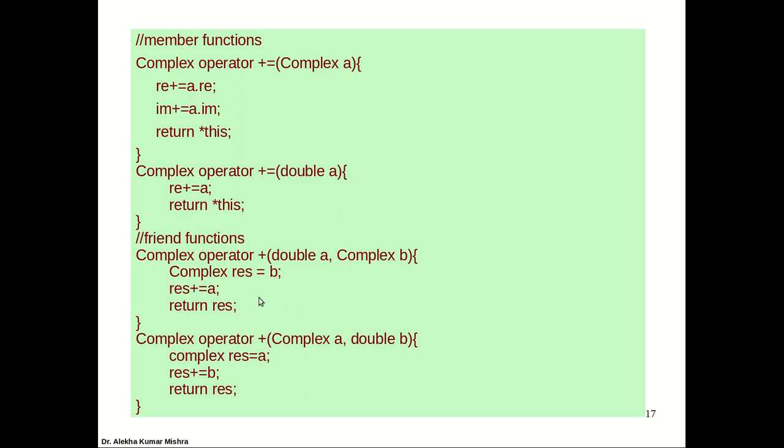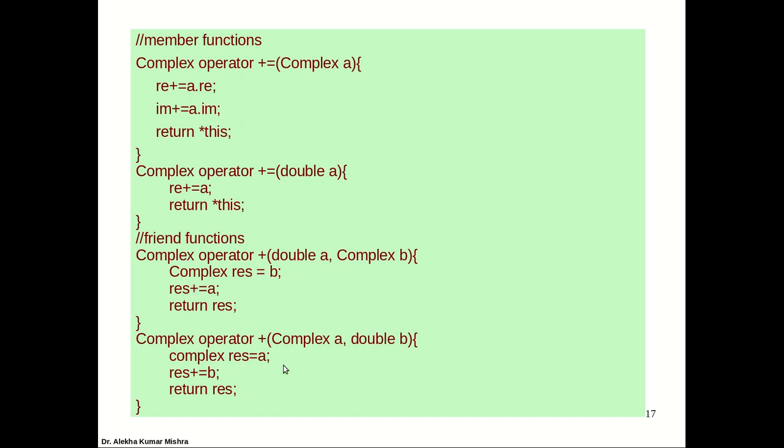Next, here it's a friend function. This can be a member function, but you are implementing it using a friend function. Here we explicitly return an object, and both the arguments are passed as arguments. We do almost the same task: a double value is added to the real part, and it is updated and returned.